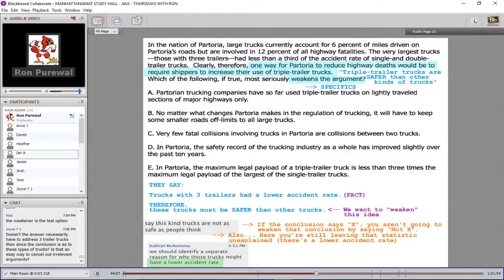We do need to know why 3-trailer trucks have fewer accidents, or fewer deaths. Yeah. And it has to be a reason that is not related to safety, because you have to weaken the argument.